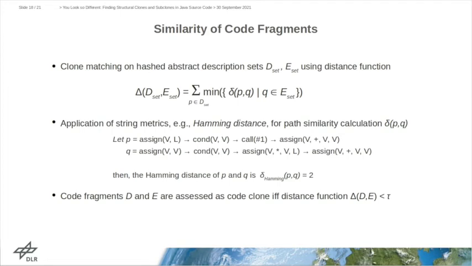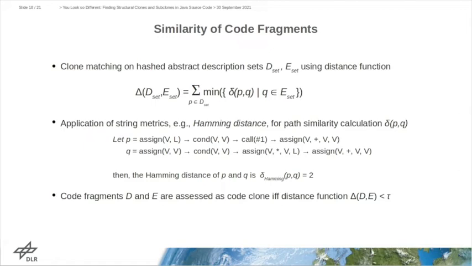Using the description sets of 2 code fragments then allows us to assess their similarity with a distance function. This distance function tries to find an optimal pairwise matching of the paths of both description sets, such that the overall sum of path distances can be minimized.